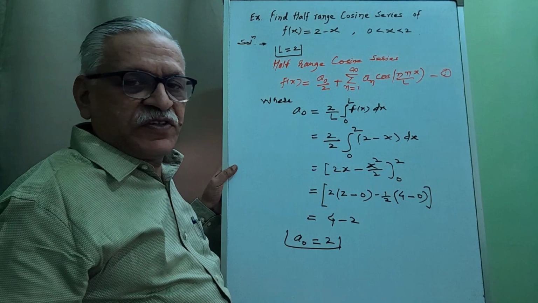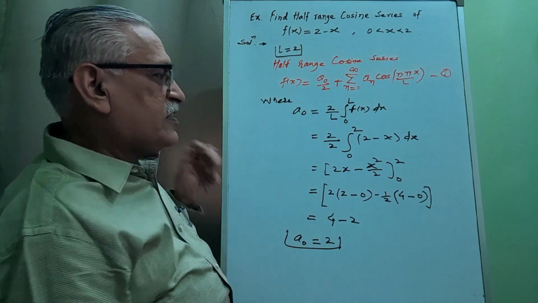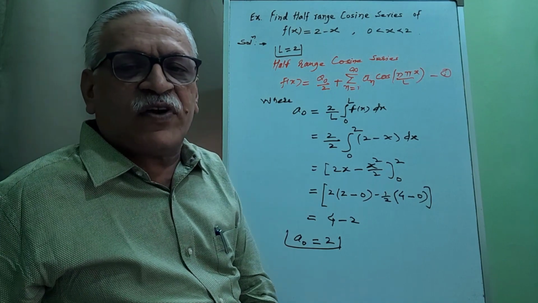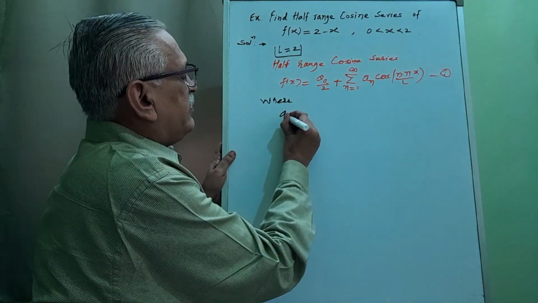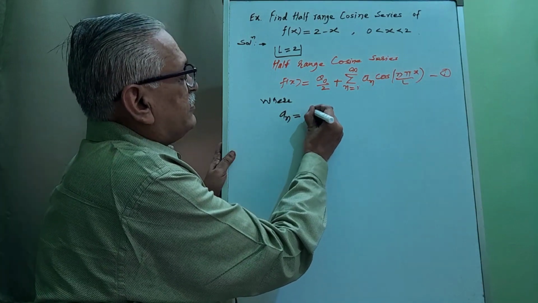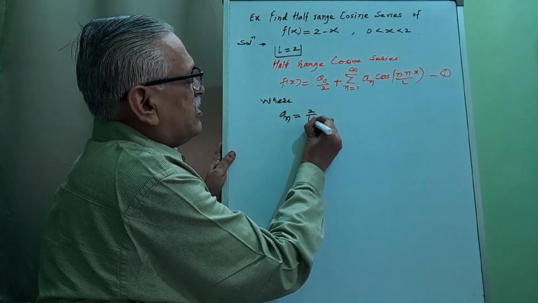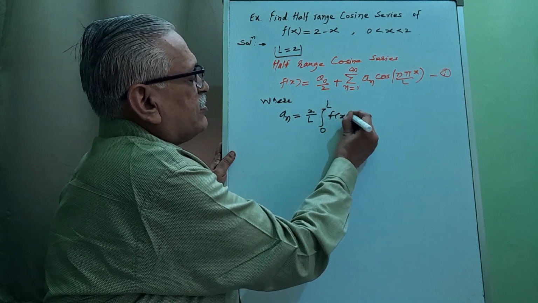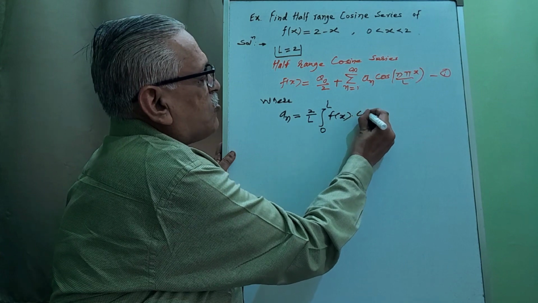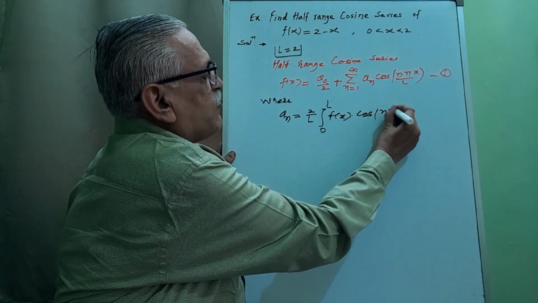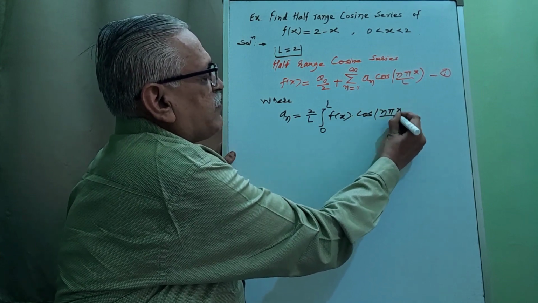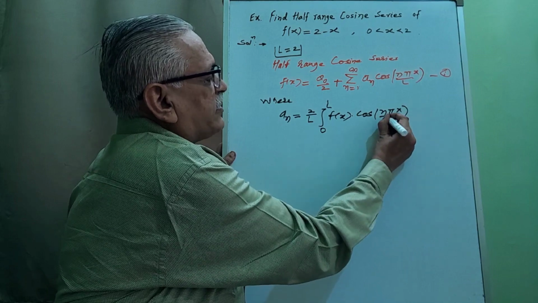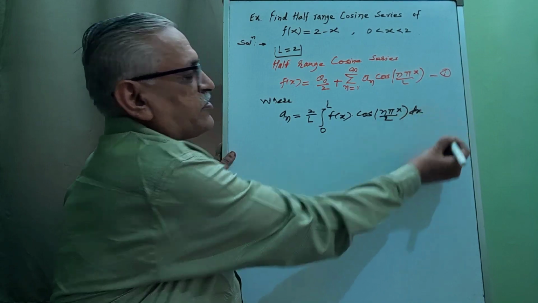The first coefficient is a0. Then in the next step, we try to find the value of an. An is obtained by the formula 2 by L integration from 0 to L f of x multiplied by cos of n pi x divided by L, with respect to x.